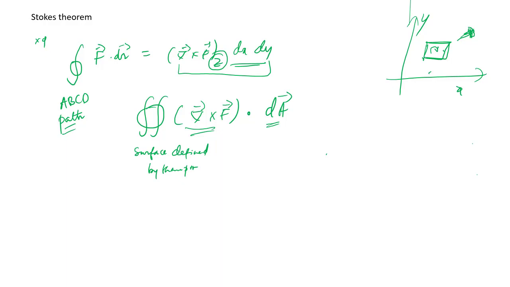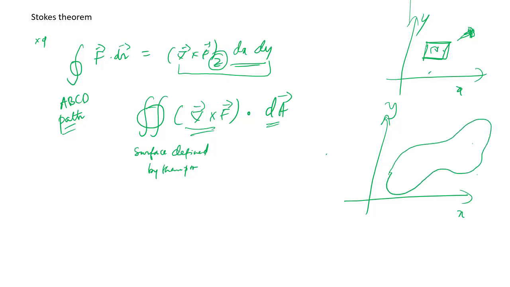So just like in the case of divergence where we divided a potato into small volumes, if I have any sort of surface, for example in the xy plane, I can divide the surface into tiny loops like this that are going around.